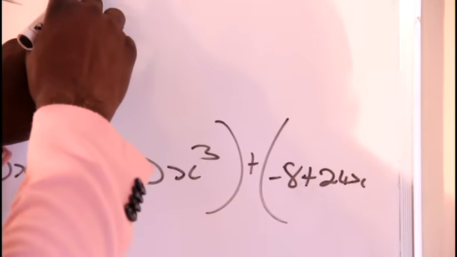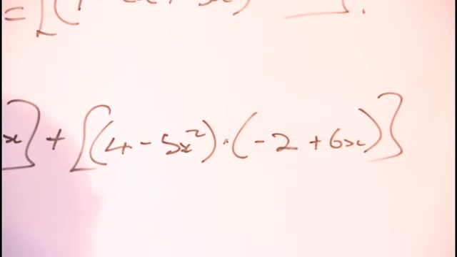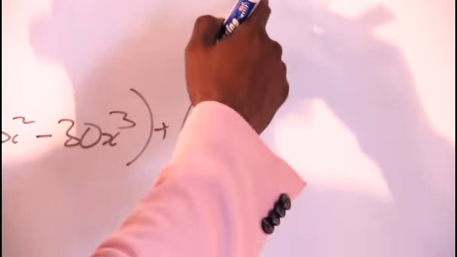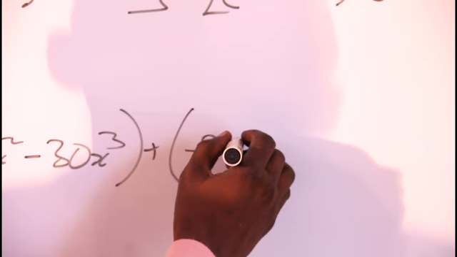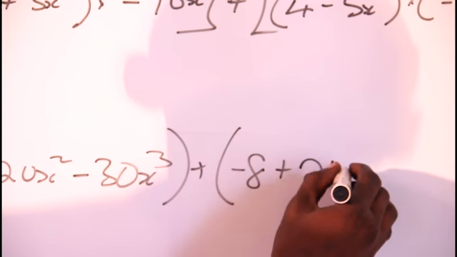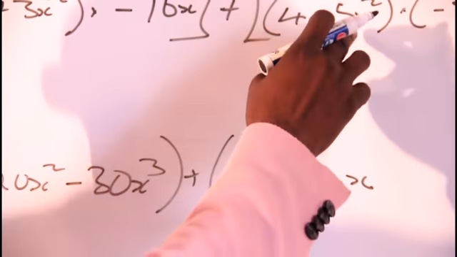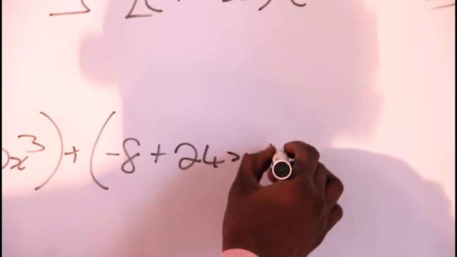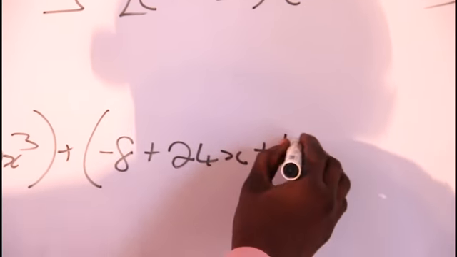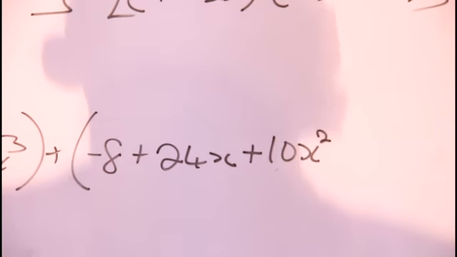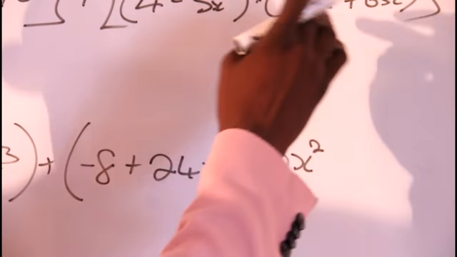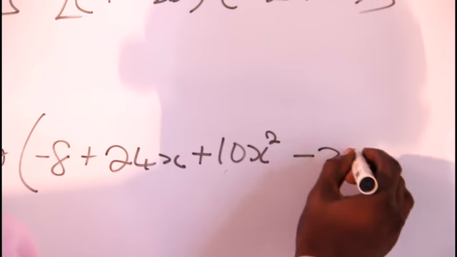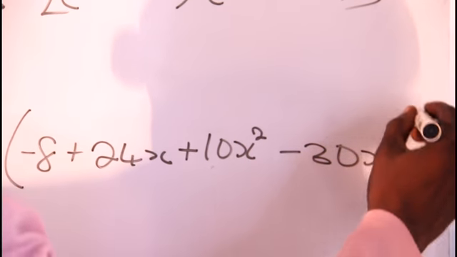Then we can now expand the second bracket. 4 times minus 2, that will give us minus 8. 4 times plus 6x, that will give us plus 24x. Then minus 5x squared times minus 2, that will give us plus 10x squared. Then minus 5x squared times minus 6x, that will give us minus 30x cubed.